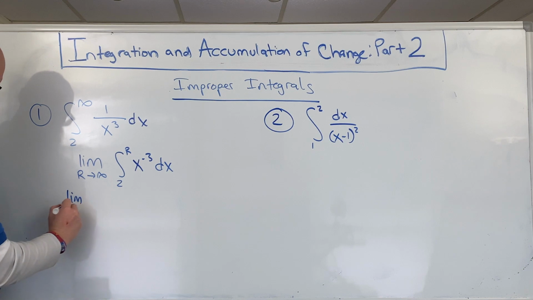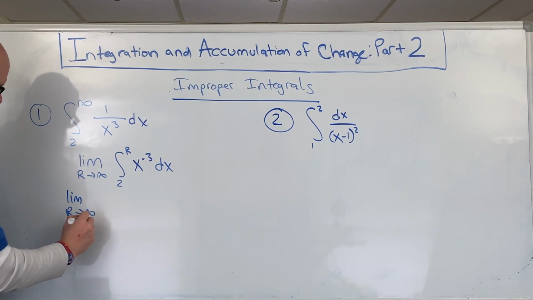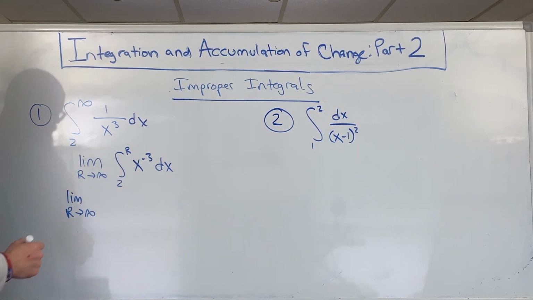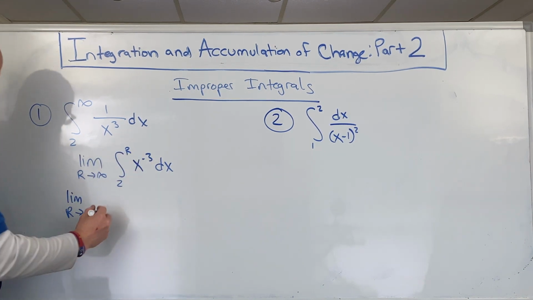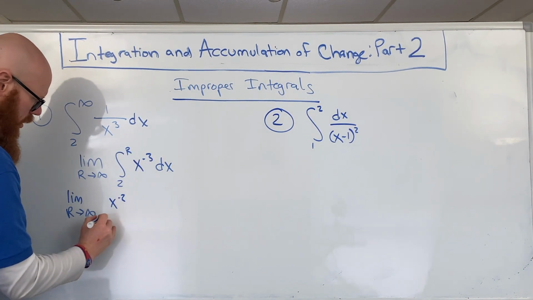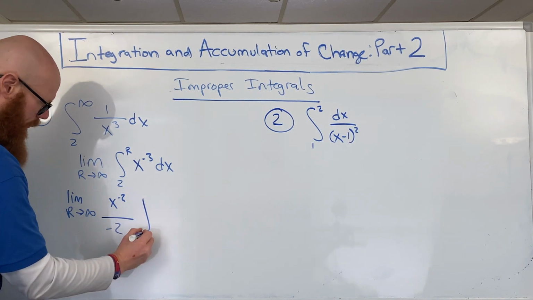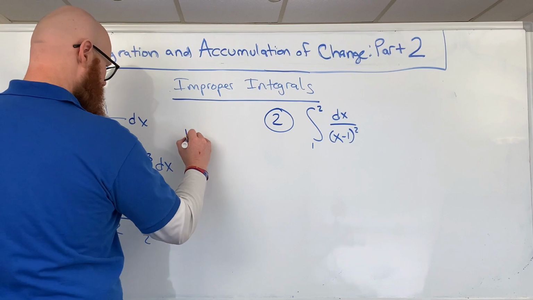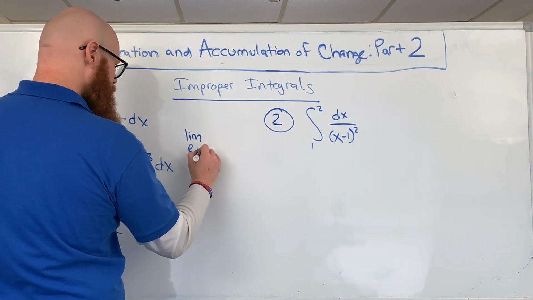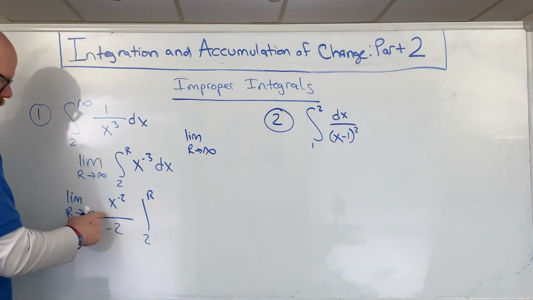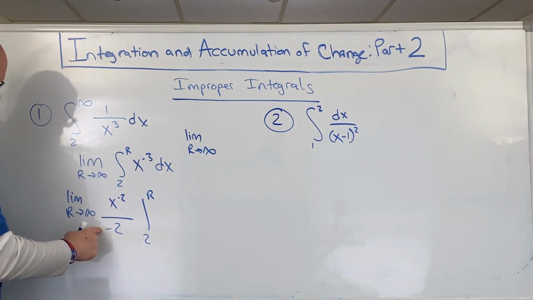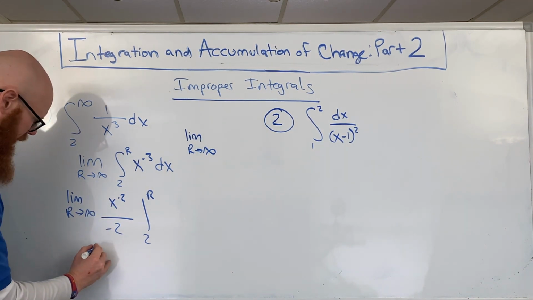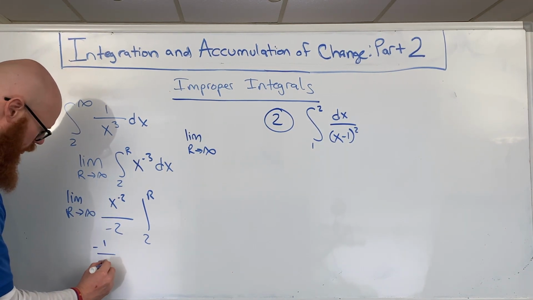So I got the limit as r goes to infinity. Well, I just used the reverse of the power rule. Add 1 to this, so I get x to the -2. Divide by -2, and I'm going to evaluate it from 2 to r. So I'm going to rewrite this. I'm going to move this to the bottom so that this is really -1 over 2x squared.